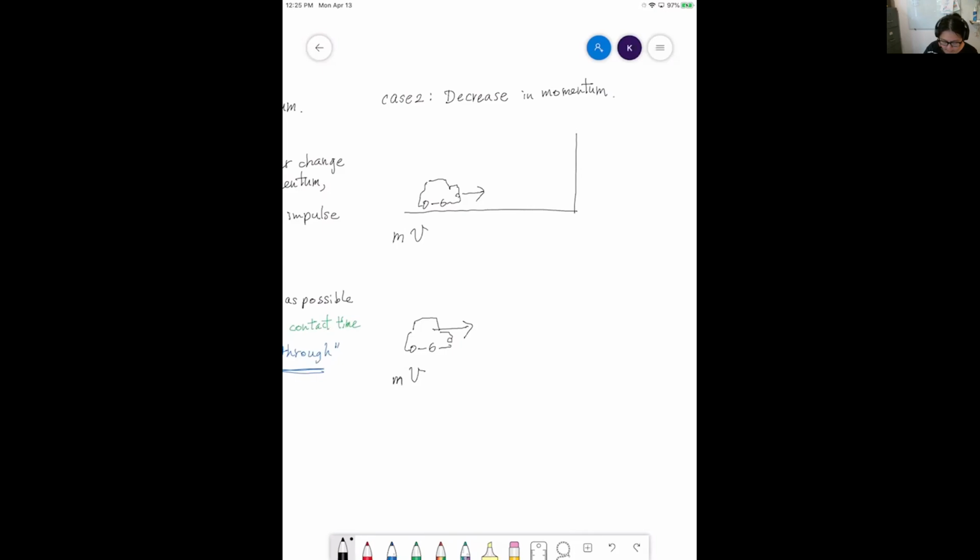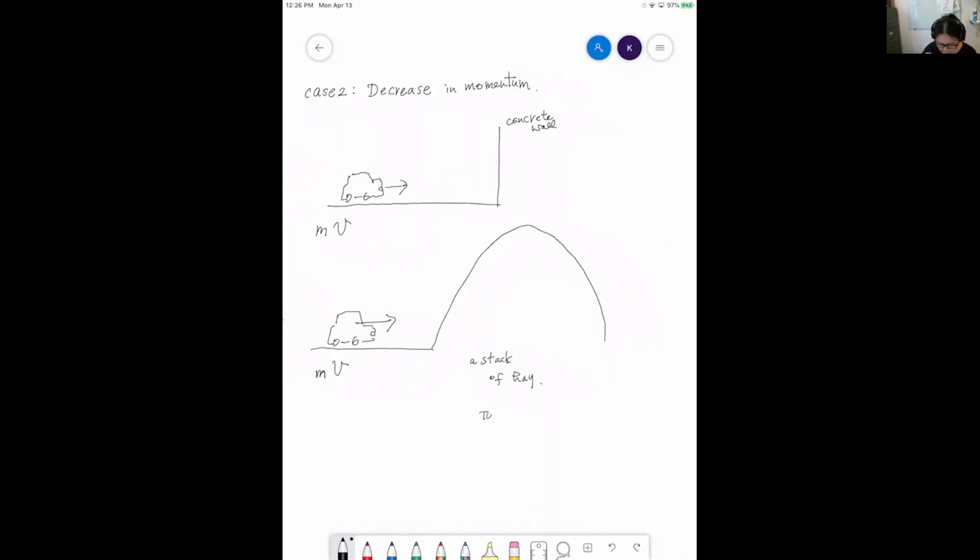Or the other case is that you have a big stack of hay. Which one would you pick to stop the car?